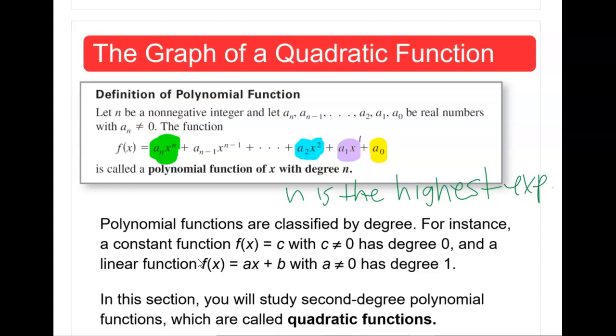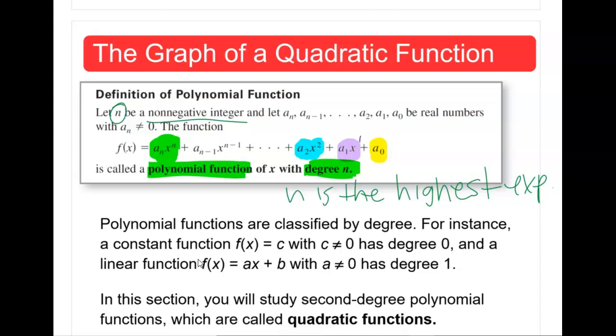And so for that reason, we say that this polynomial is a polynomial function, of course, of degree n, because that is the highest degree. N could be a 10, it could be a 9, it could be 100, as long as it is a non-negative integer.